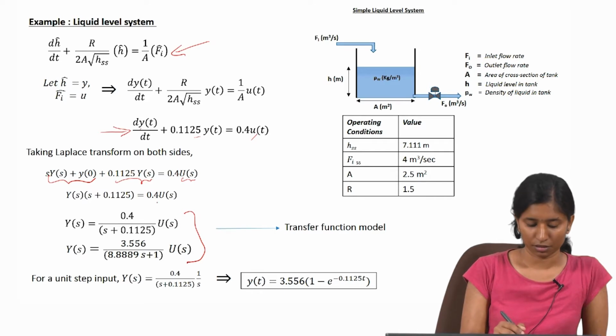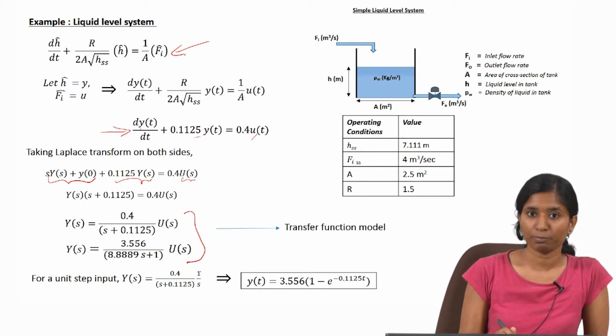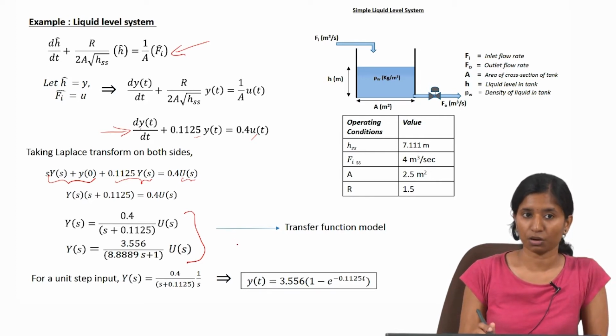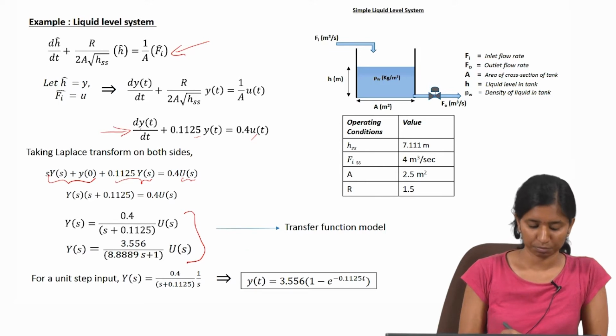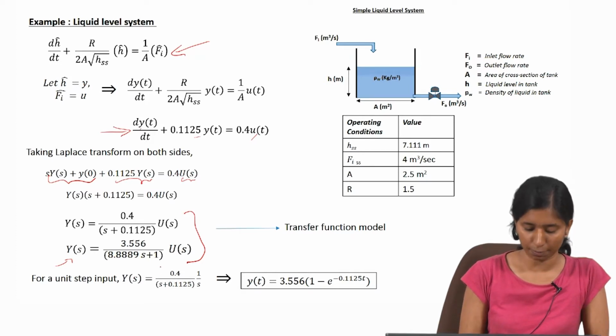Let us go with the flow and derive the time domain expression of the response of the system. So, we have this y of s expression here, and for any kind of input we can find the response from this expression using inverse Laplace transform.